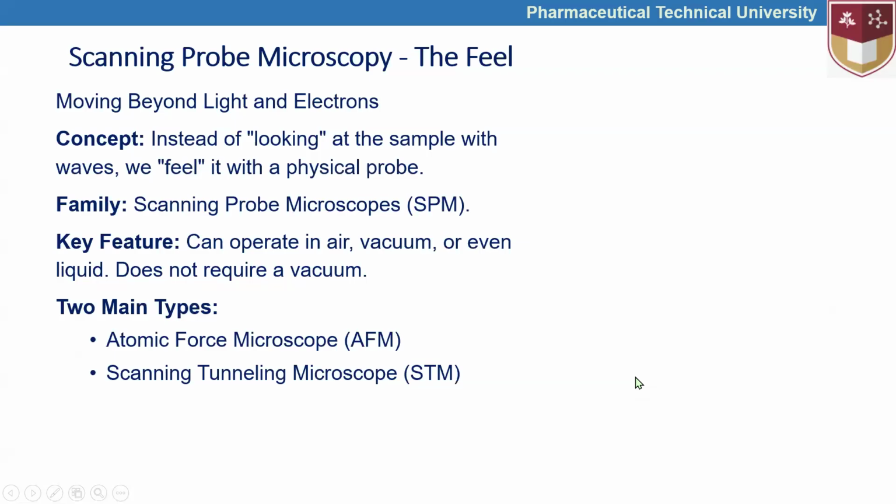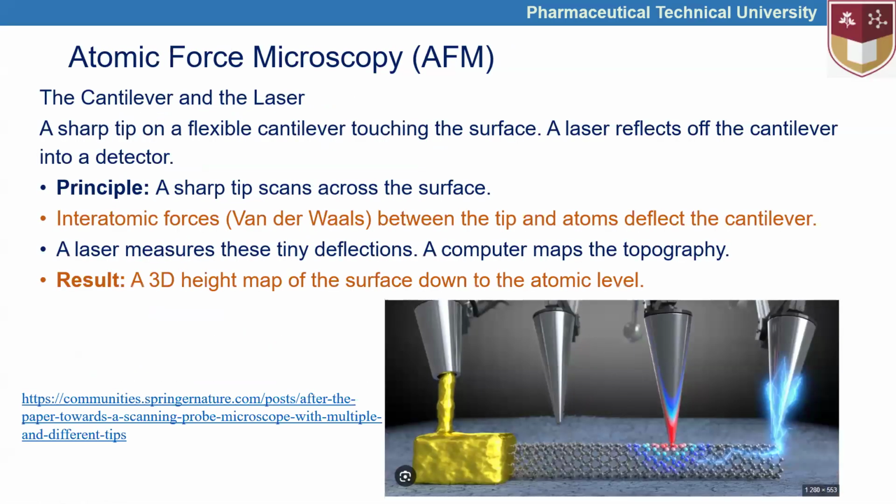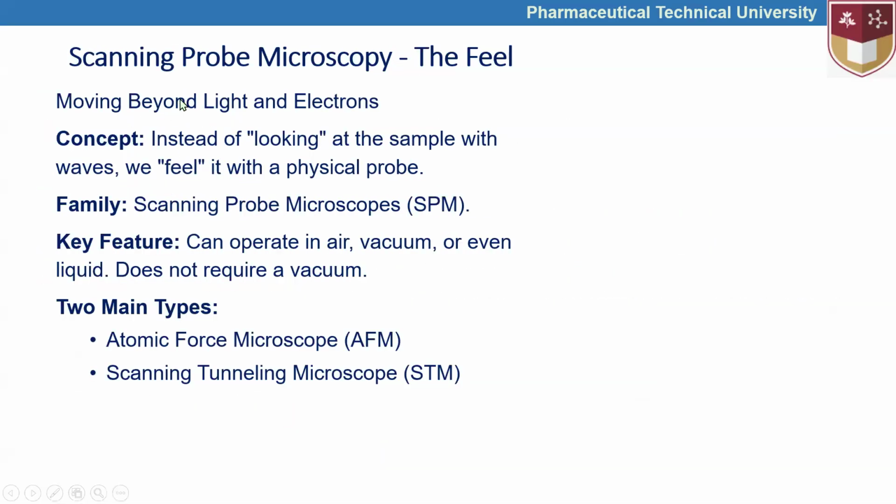Scanning probe microscopy is another type of microscope. This is about the field. Atomic force microscopy is one of the types that uses this kind of field, which uses a different approach compared to the first two.